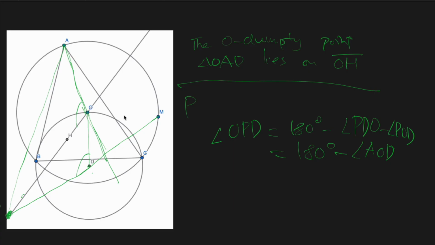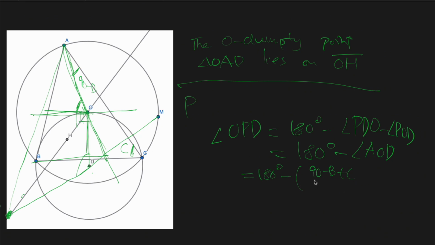AO is this diameter, and if we draw a line parallel to BC here, these two are perpendicular, and so this angle is equal to this angle, which is equal to this angle plus this angle, which is C plus 90 minus B. But we have to add another 90, so this should be equal to 180 degrees minus 90 minus B plus C. And by the way, I'm assuming without loss of generality that the angle B is greater than the angle C.